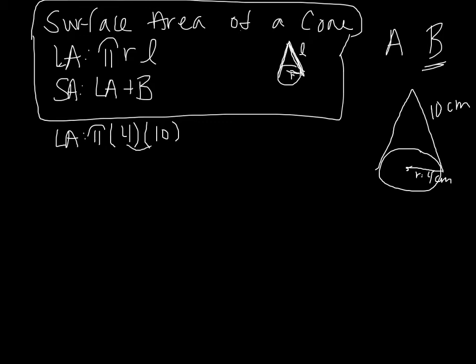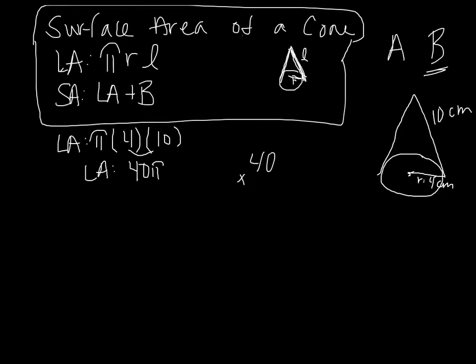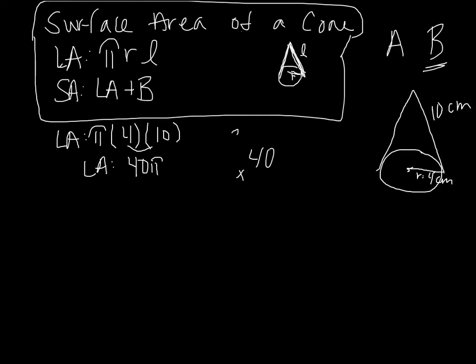If I did those two, I'd get 40 pi is my lateral area. So I'm going to take 40 and multiply it by 3.14. Put that on top because that might be a little bit easier than doing it the other way.